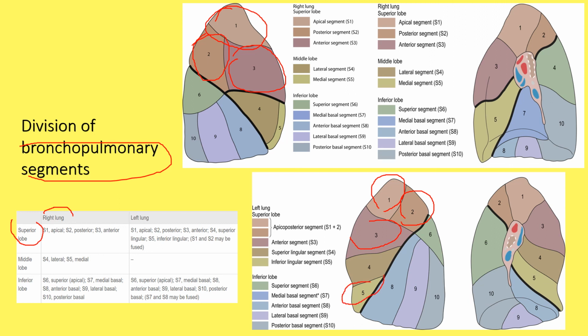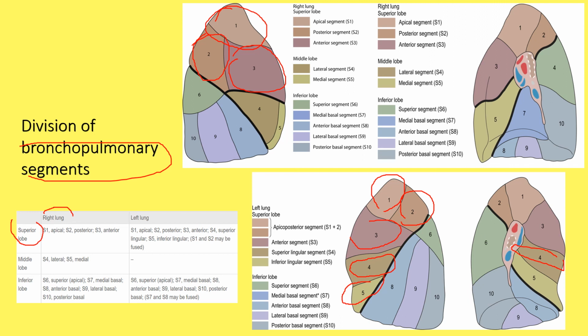So the apex, the posterior, the anterior segment, the superior lingular segment, and the inferior lingular segment. You can make out the rest of the bronchopulmonary segments present in the right and left lungs.